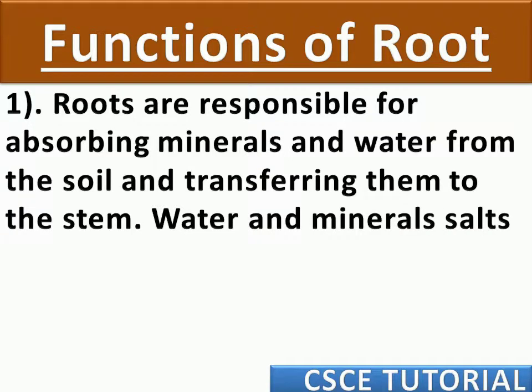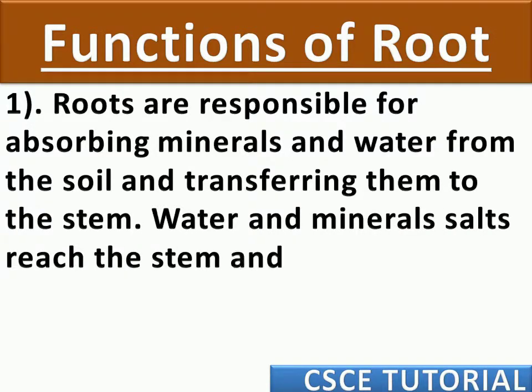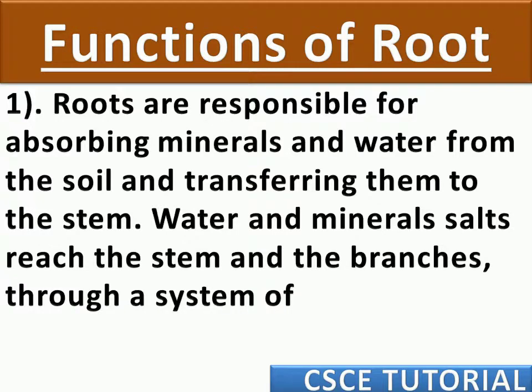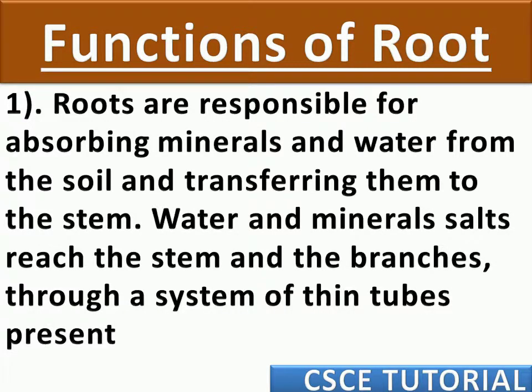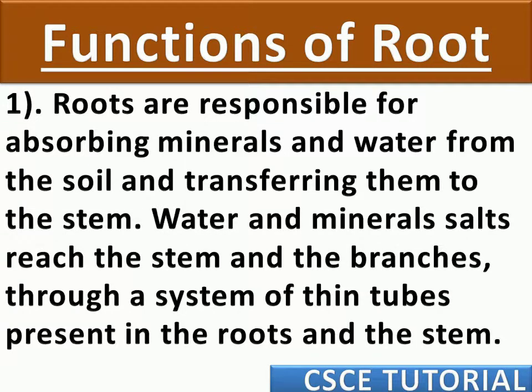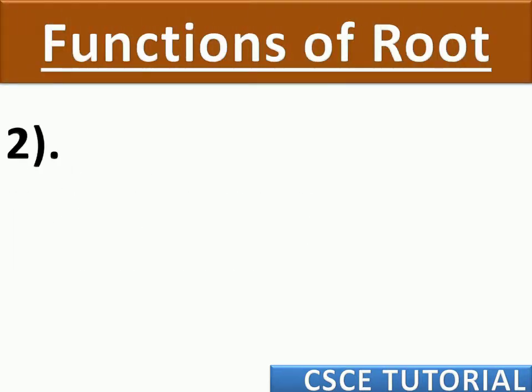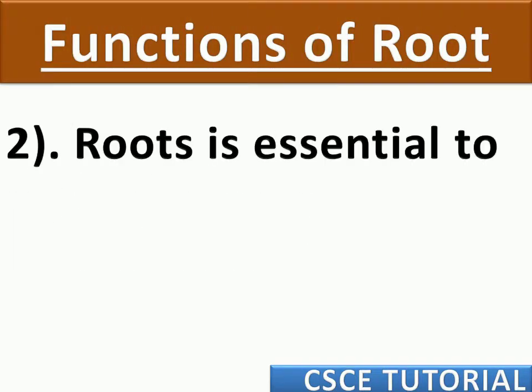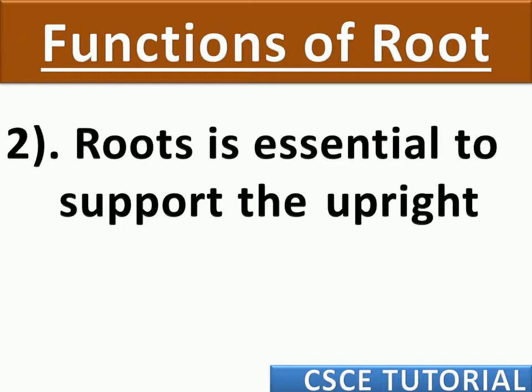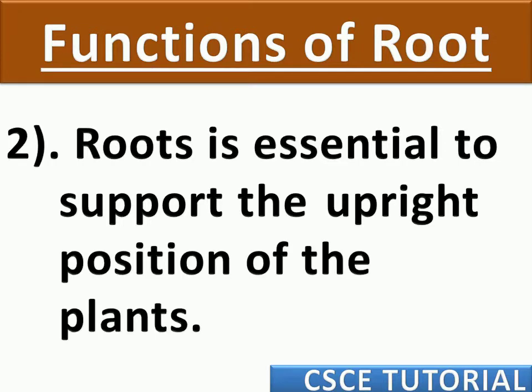Water and mineral salts reach the stem and the branches through a system of thin tubes present in the roots and the stem. Second, roots are essential to support the upright position of the plants.